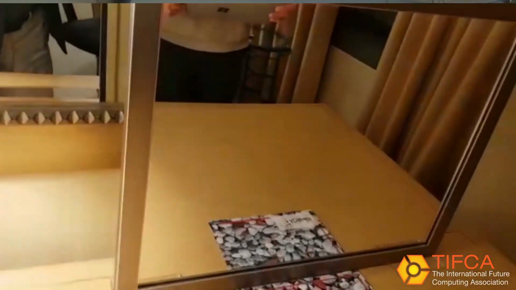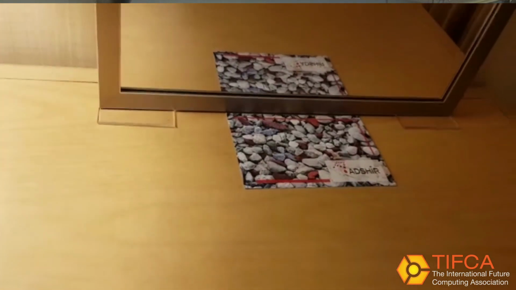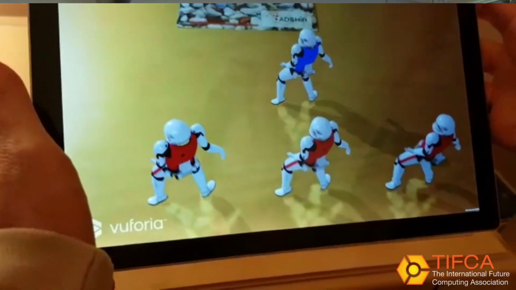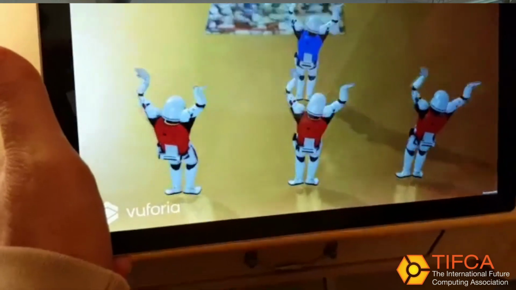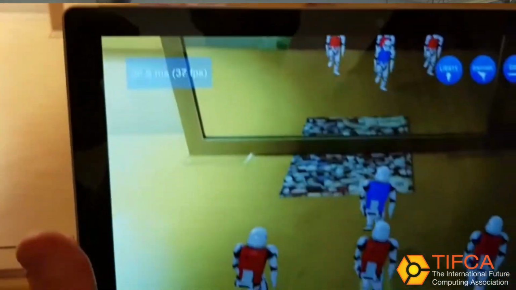This is augmented reality. You see there's a table with a mirror, with a marker, and this is how the augmented reality looks from a tablet. This is real time. You see reflections, you see shadows.